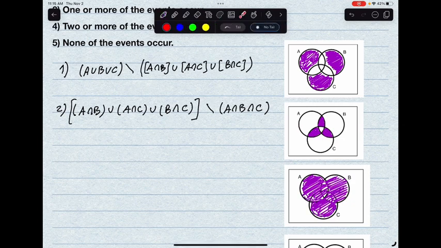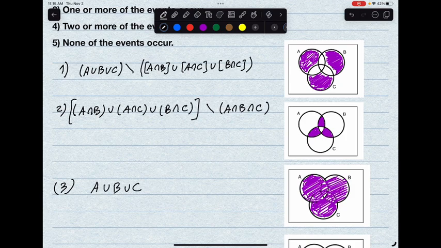So you can see here is only A, only B, only C, A and C, A and B. Here is B and C, and this part is the intersection of all the three events, which means all the three events occur at this part. So the answer for part 3 of the question is A union B union C.